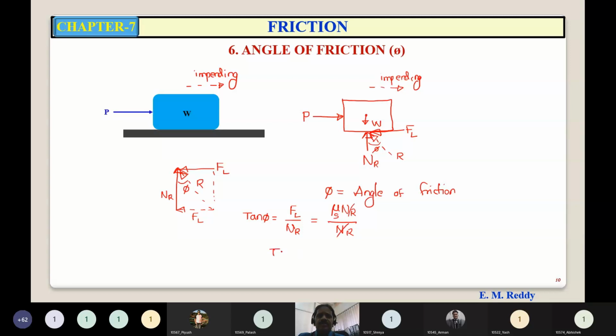So you get tan phi is equal to coefficient of static friction. Means tan of angle of friction is equal to coefficient of static friction. So sometimes in the numericals, they will say the angle of friction is 25 degrees. Then you have to calculate the coefficient of static friction as tan 25. Understood?